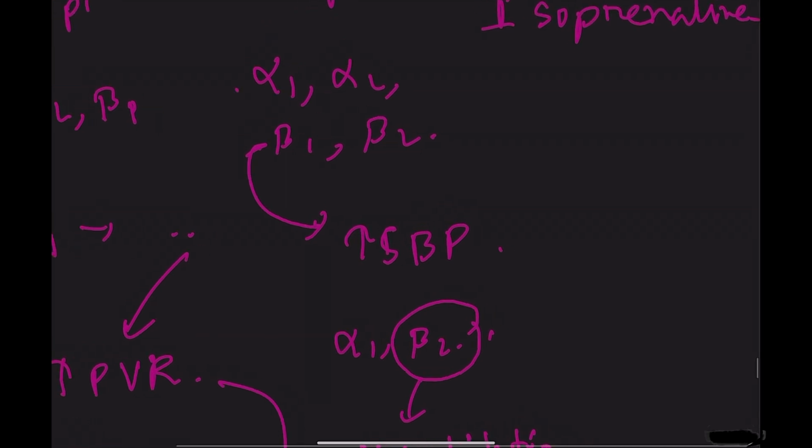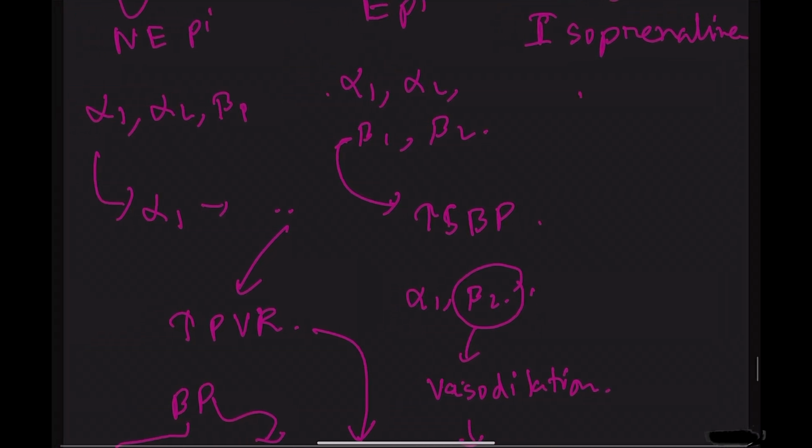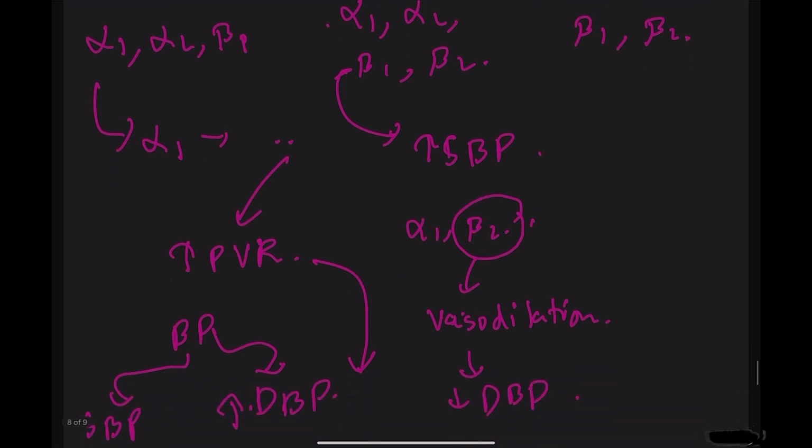Let's see isoprenaline. It is selective to beta 1 and beta 2 receptors. By activating beta 1 receptor, it increases the systolic blood pressure, and by beta 2 it decreases the diastolic blood pressure because it causes vasodilation.